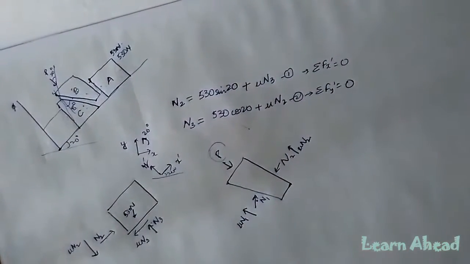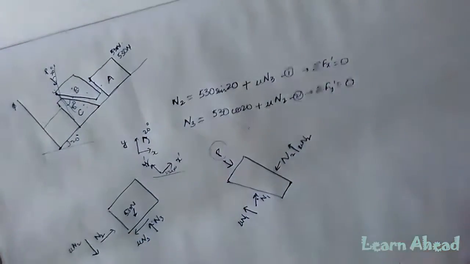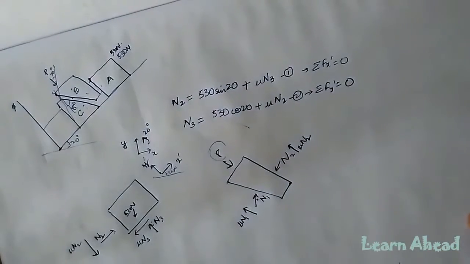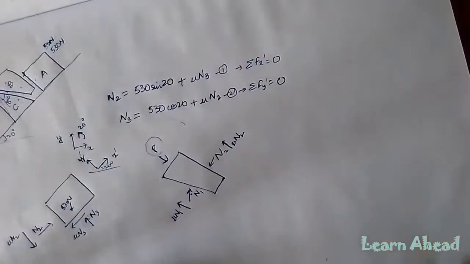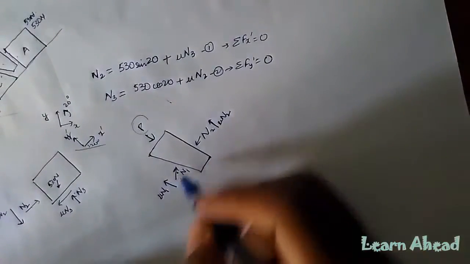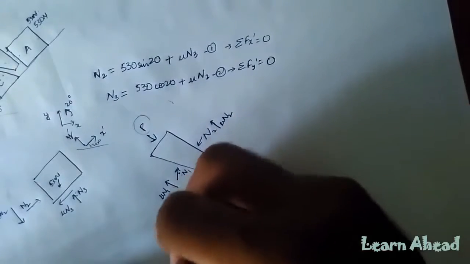Now again I am choosing the same set of axes x dash y dash and applying the equilibrium condition. So let me first write it along the x axis. Let's see what we get. This is along this plane. Okay, so just let me clarify.